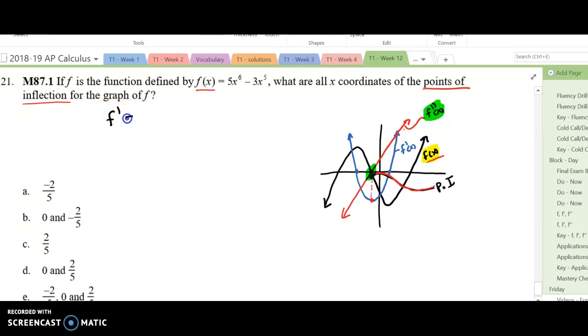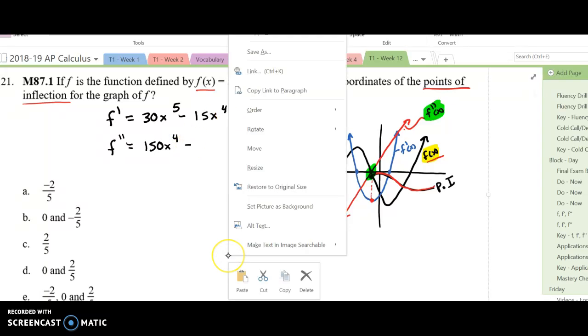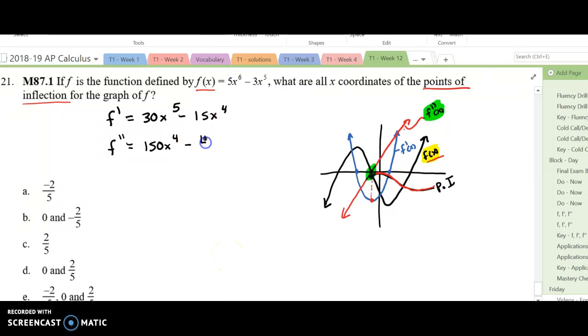Well, f prime would then be 30x to the fifth minus 15x to the fourth, and f double prime would equal 150x to the fourth minus 60x cubed.